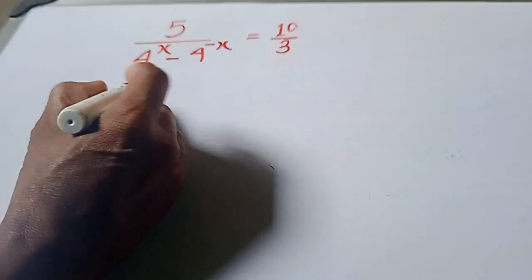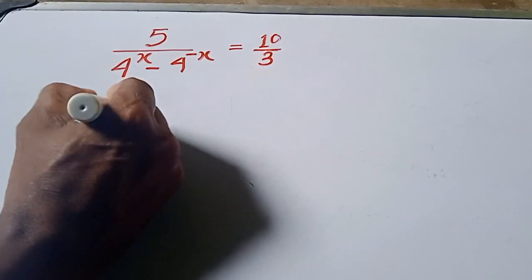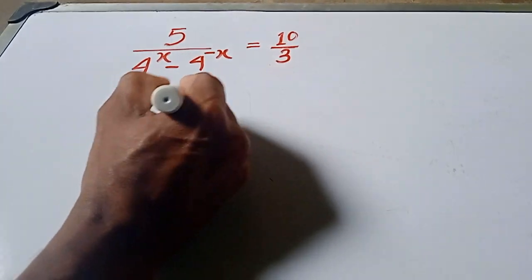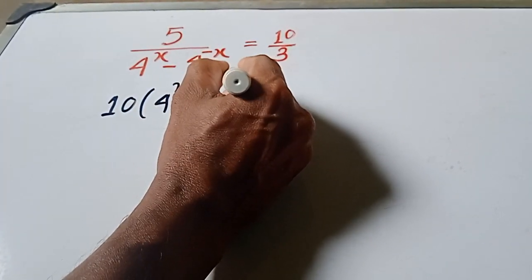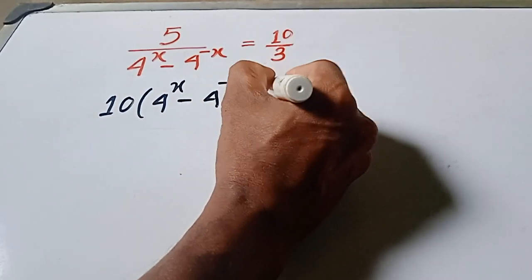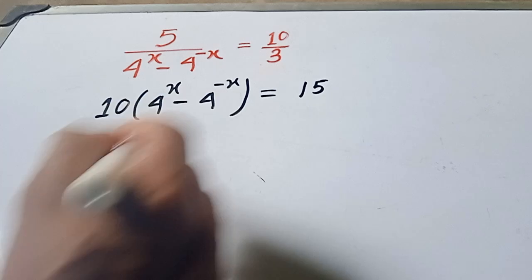At first, cross multiply, then 10 times (4^x - 4^(-x)) is equal to 15.